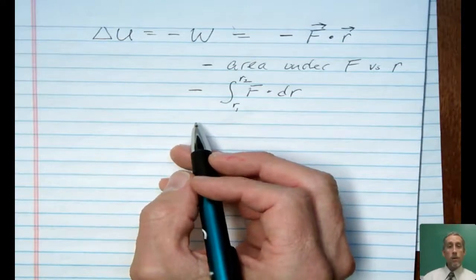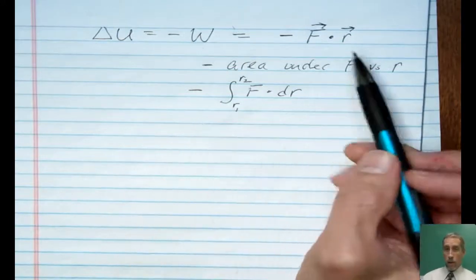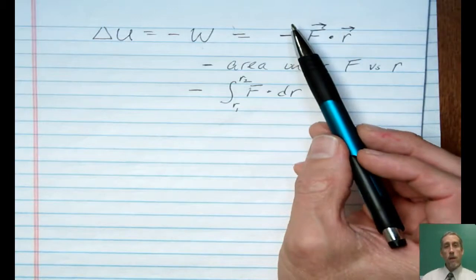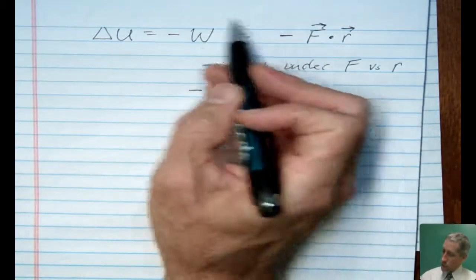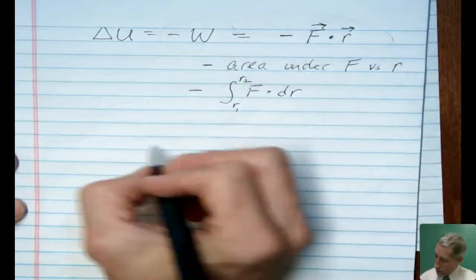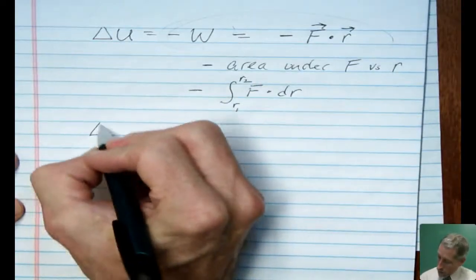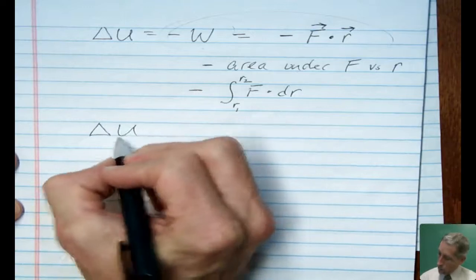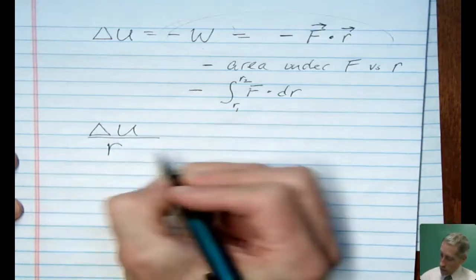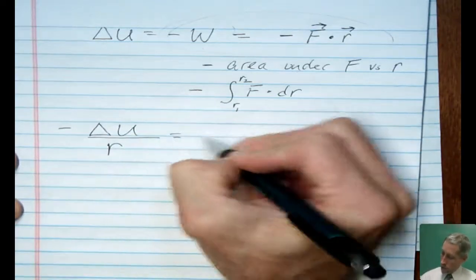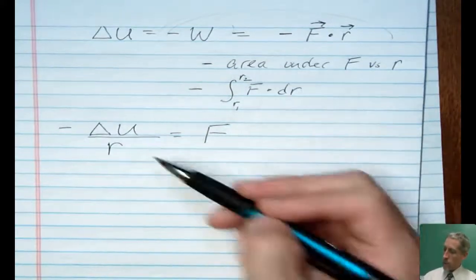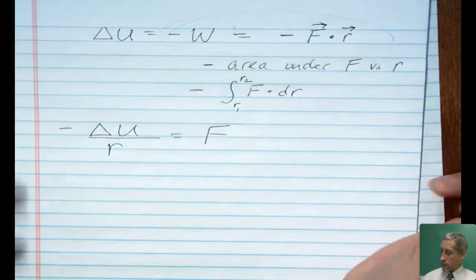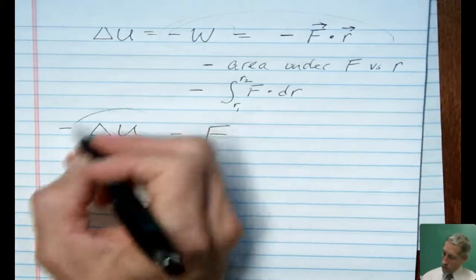Sometimes you'll get a potential energy curve. If you get a potential energy curve, sometimes you're going to be asked about a force. Well, if we take this relationship here, I'm just going to rewrite it. The negative of delta U divided by delta R is equivalent to a force. That's just a change in the order that I wrote these. So what is this?